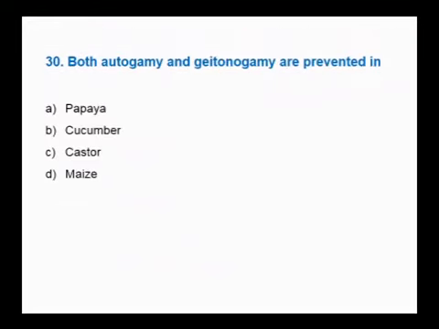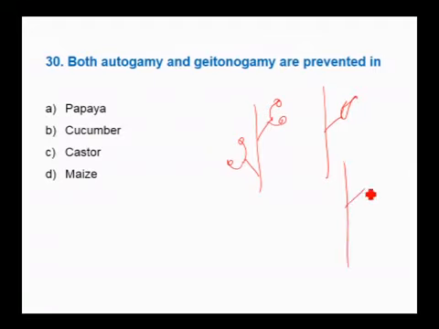Next question: both autogamy and geitonogamy are prevented in. See, autogamy and geitonogamy are prevented only when the plant is dioecious. Because if it is monoecious, geitonogamy is possible and even xenogamy is also possible.